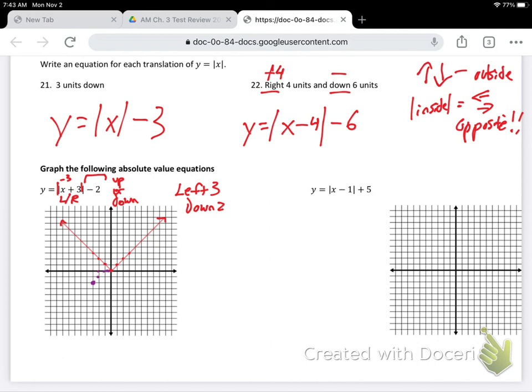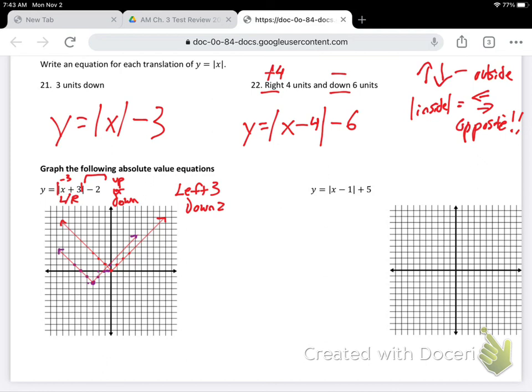Slope is still 1, 1. And then we would just draw some new lines that go through those points. And make sure you have your little arrows, and that's it.